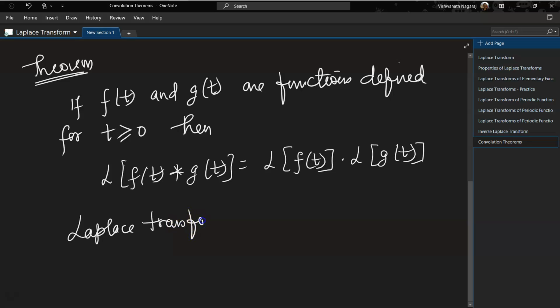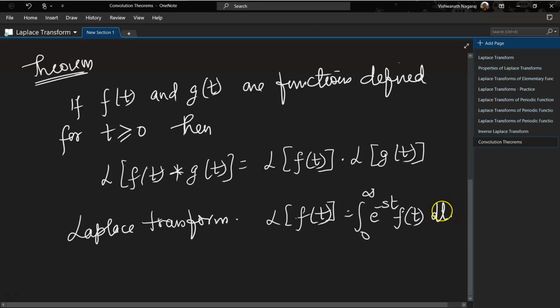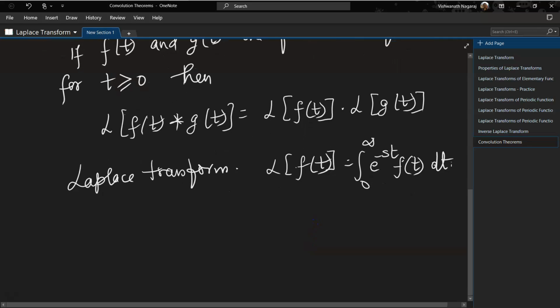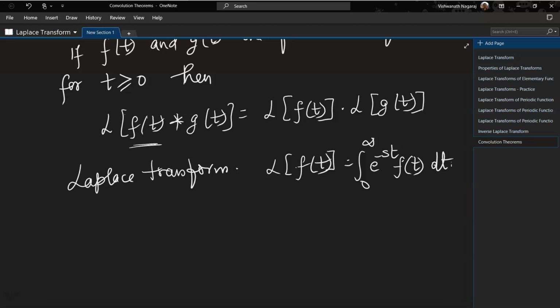The Laplace transform of a function f of t is equal to the integral from 0 to infinity of e to the power of minus st f of t dt. This is the Laplace transform. Now what we'll do is start off with the left hand side and try to arrive at the right hand side.